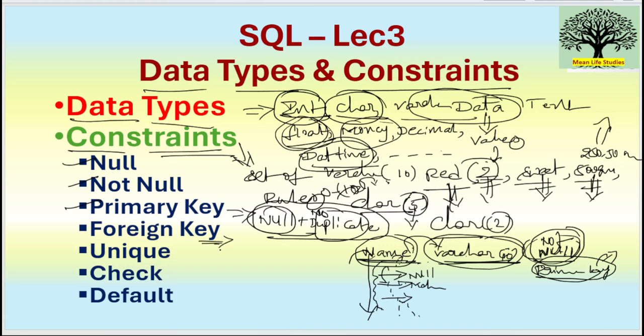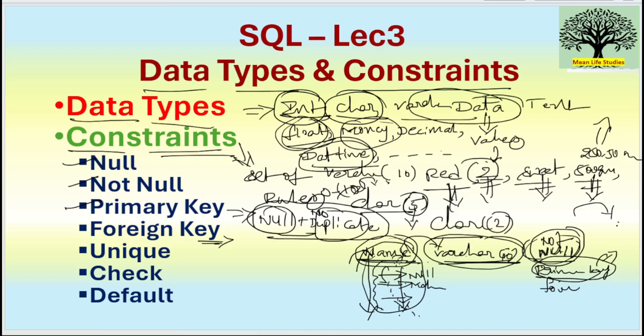A foreign key develops a relation with another table. If you mention this as foreign key, then this column will be a relation with another table, and you should not delete it without deleting that particular column in the other table. For example, if you define this as foreign key here, then it will have a relationship with another table.